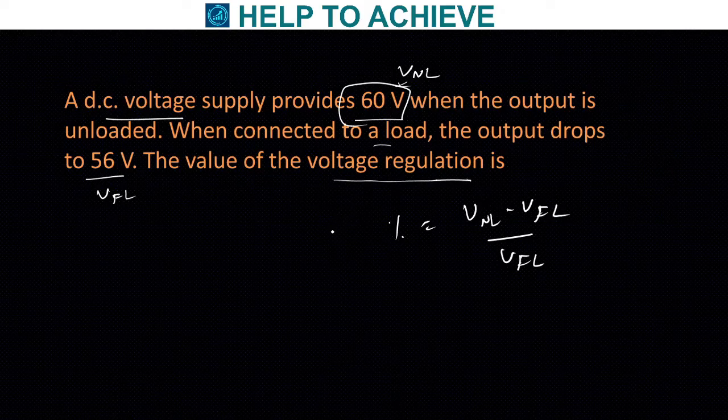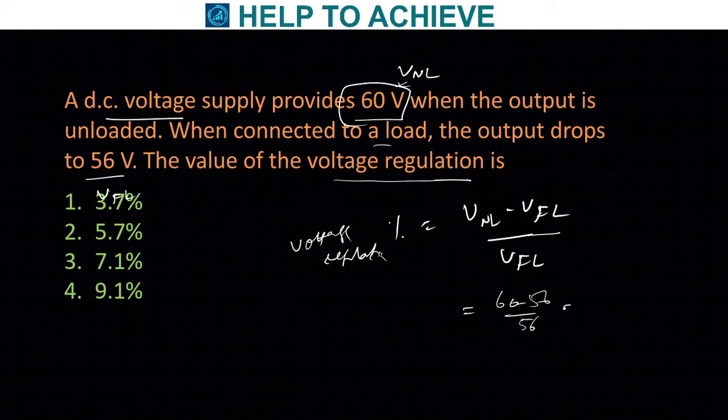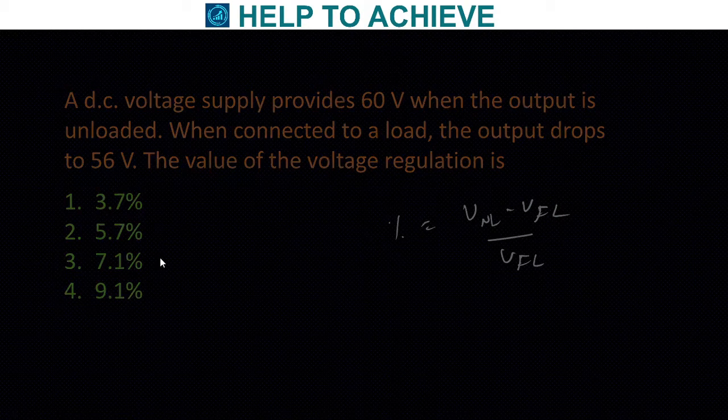We know the equation of the voltage regulation is (V no load minus V full load) by V full load. So in that case, it is nothing but (60 minus 56) by 56, so that will correspond to 4 by 56, so it comes to around 7.1%.